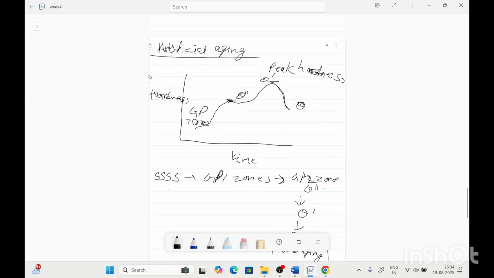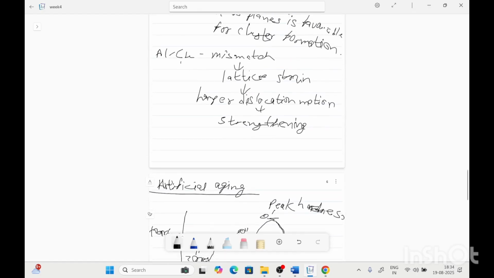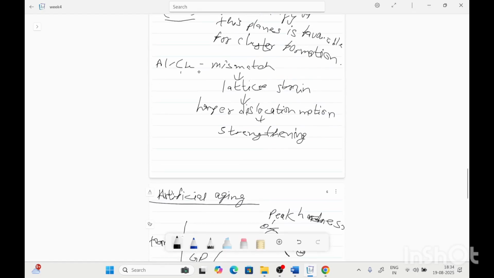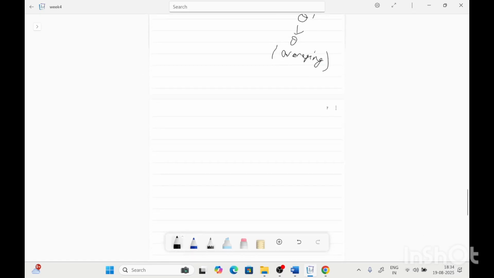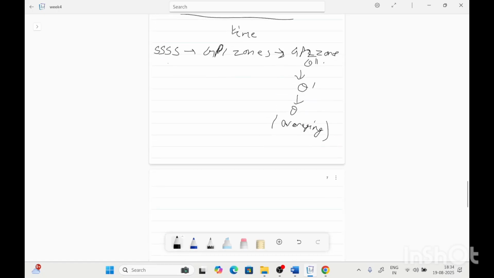We just discussed that because of the aluminum and copper atoms, there will be a mismatch that leads to formation of the lattice strain. One more thing is that there is an interface created between the cluster and the matrix.